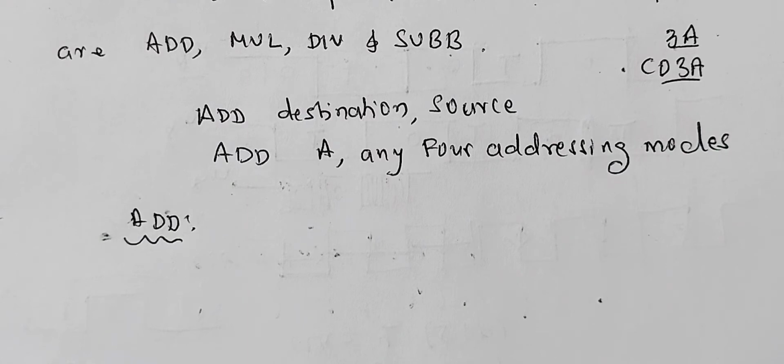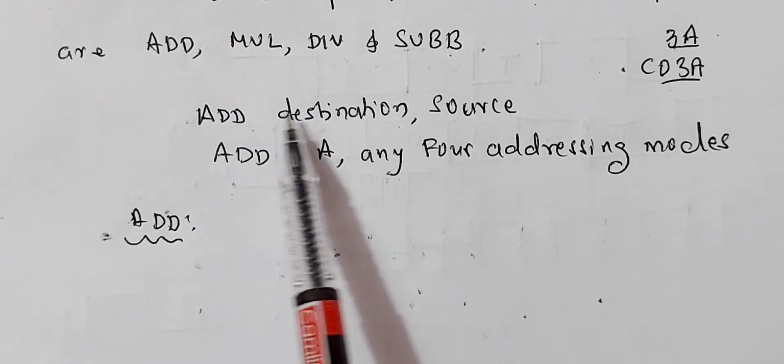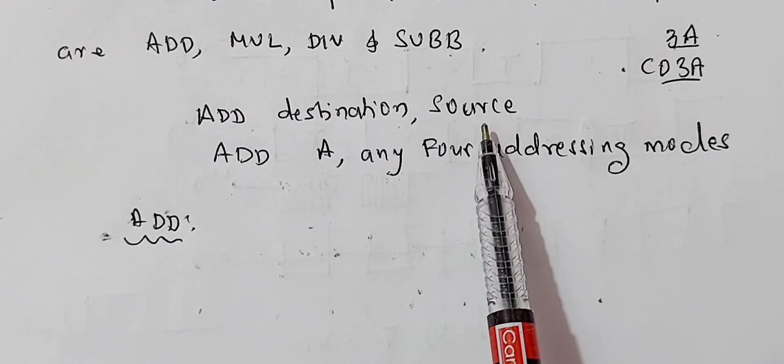ADD is an operational code used to perform addition of two 8-bit data or two 16-bit data. So ADD is the operational code used for the addition of two data. The instruction used is ADD destination comma source.